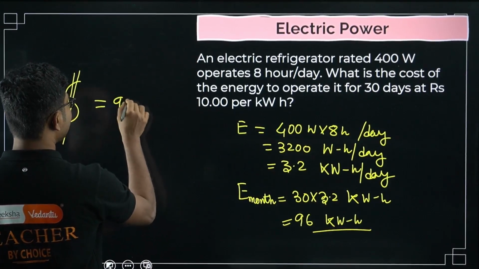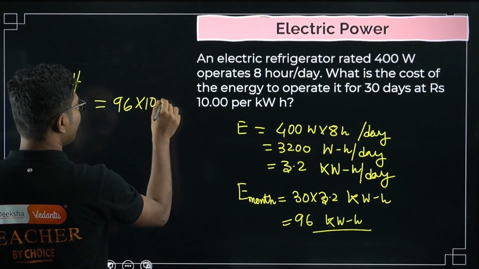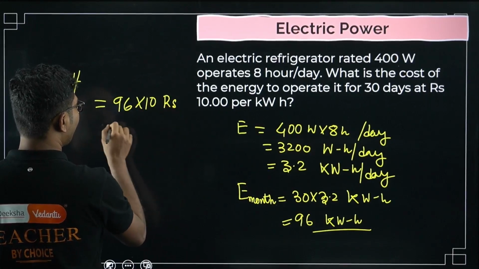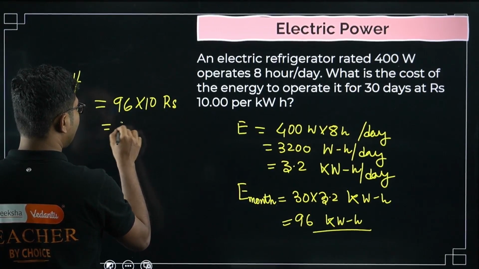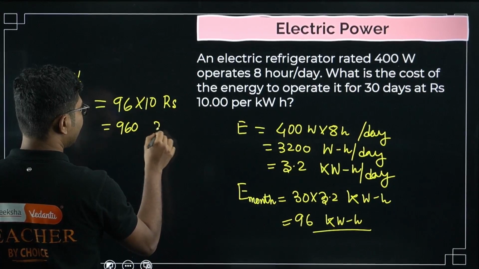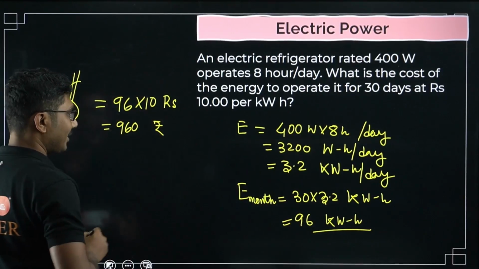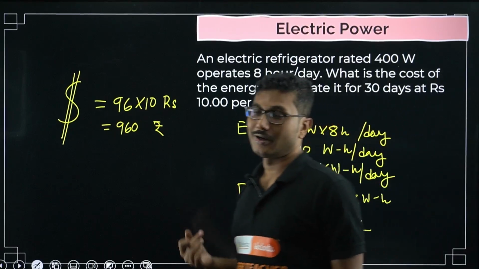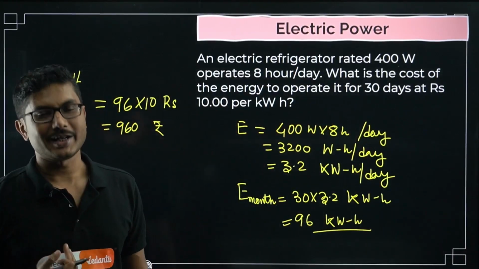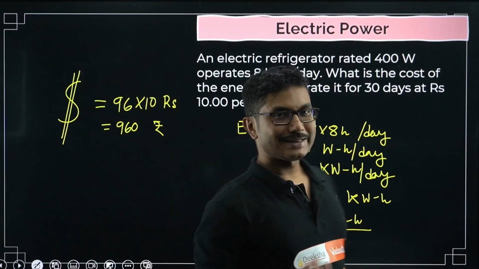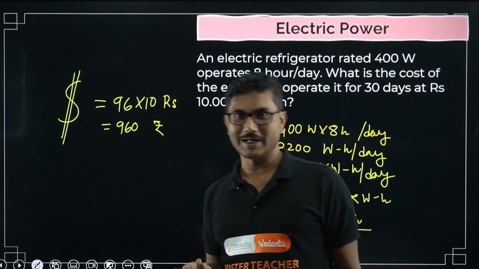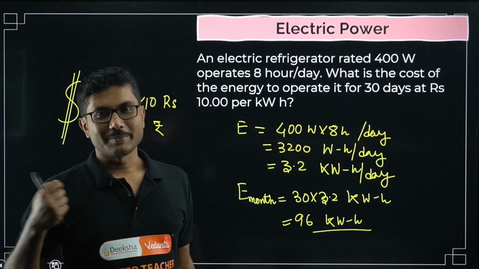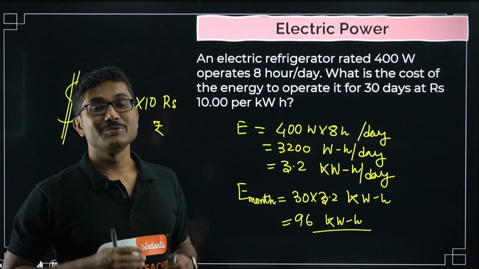You will be spending 96 times 10 rupees, or 960 rupees. Okay, now this is fine. So 960 rupees you will spend to cover the expenses for this refrigerator alone. So this is a high maintenance refrigerator. It is spending a lot of money. So be careful, buy a refrigerator that consumes less power.